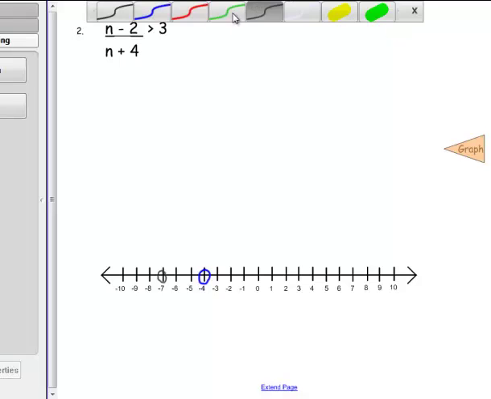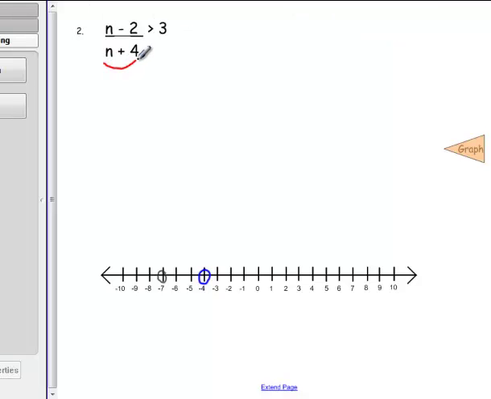I'm going to take this and I'm going to look at this red graph. And then I'm going to take the other side, I'm going to make it a blue graph, and I'm going to graph them on a graphing calculator.